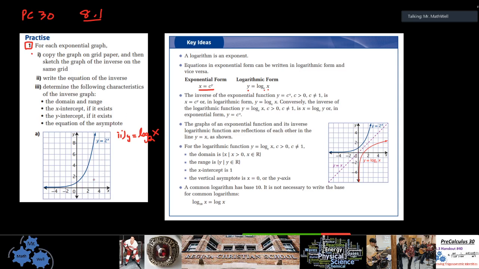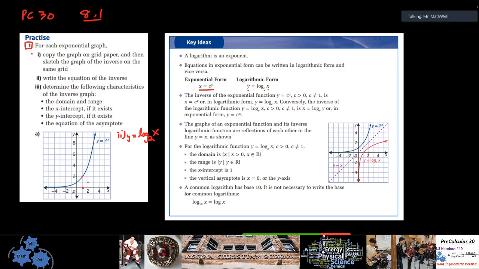So let's do this in red. So if we have a point (1, 2) right here, I'm going to reverse it, and it becomes (2, 1). Okay, (0, 1) becomes (1, 0).